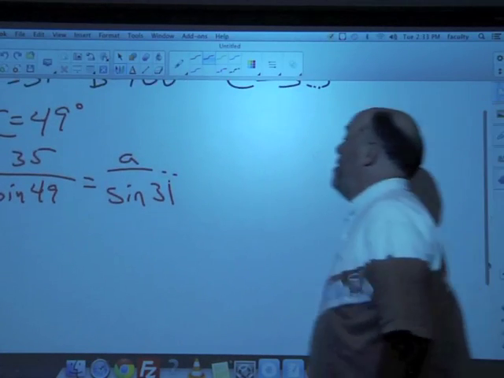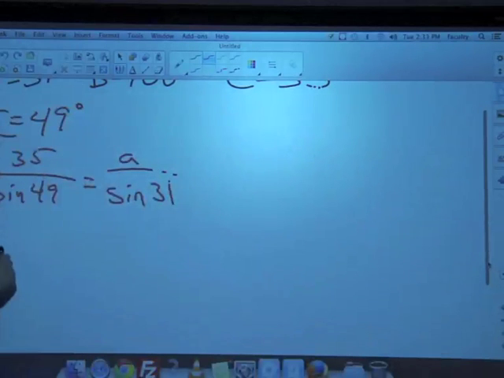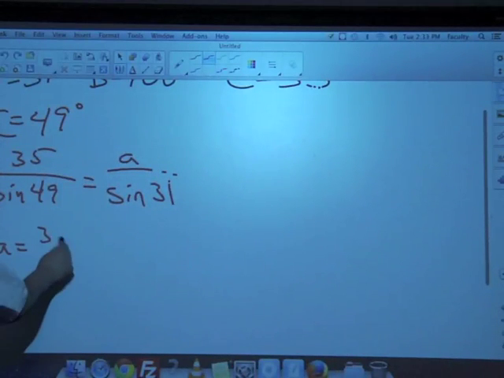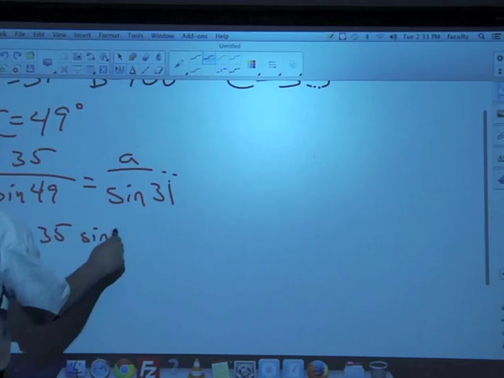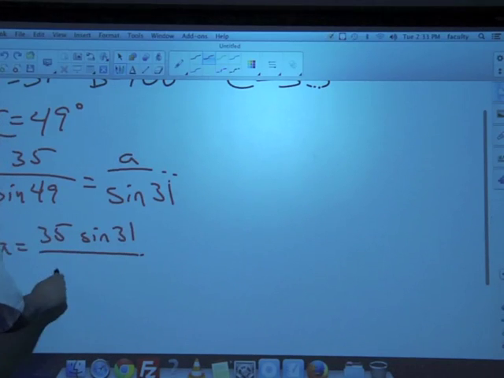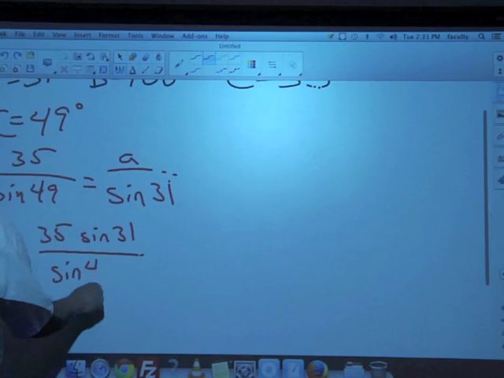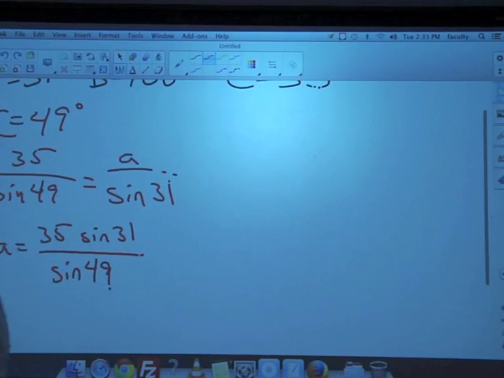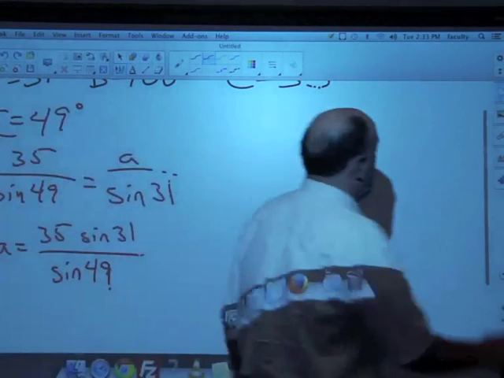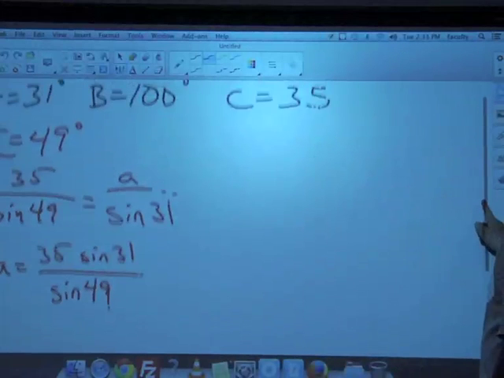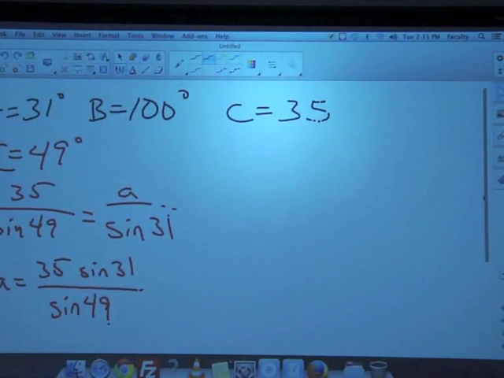So side A is going to be 35 sine of 31 over the sine of 49. You go back, so you plug that into the toy. 23.9.